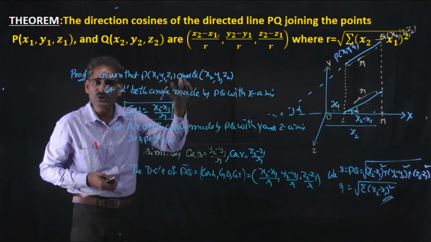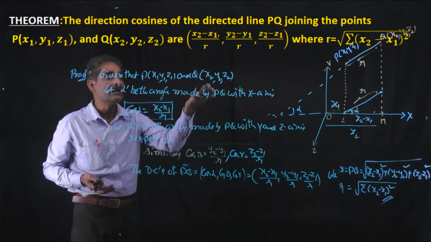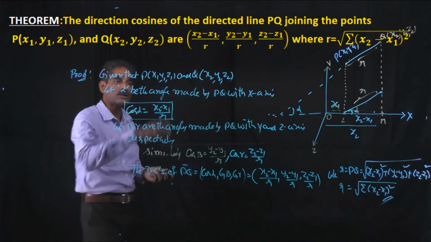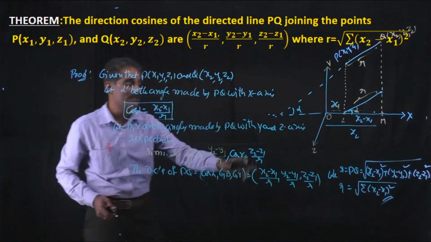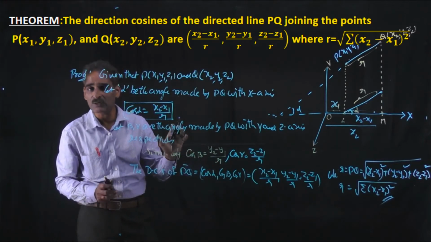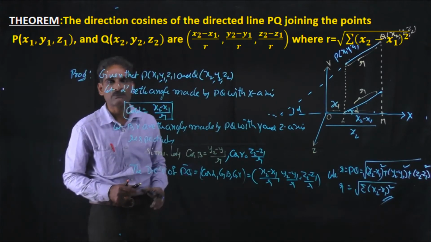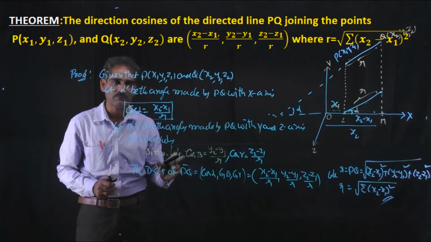Whatever the positions of P and Q, whatever the values of x1, y1, z1, x2, y2, z2, the DRs of the line passing through any two points are x2 minus x1 by r, y2 minus y1 by r, z2 minus z1 by r, where r is the distance between P and Q, that is root of sigma x2 minus x1 whole square. This is a very, very important formula.